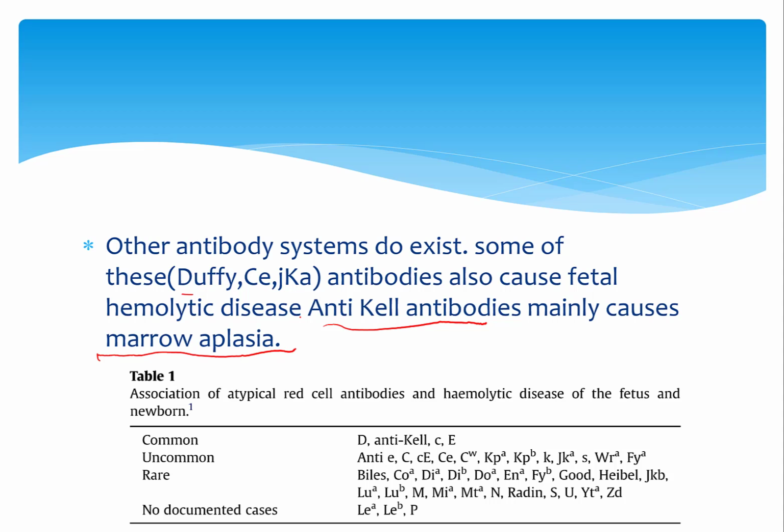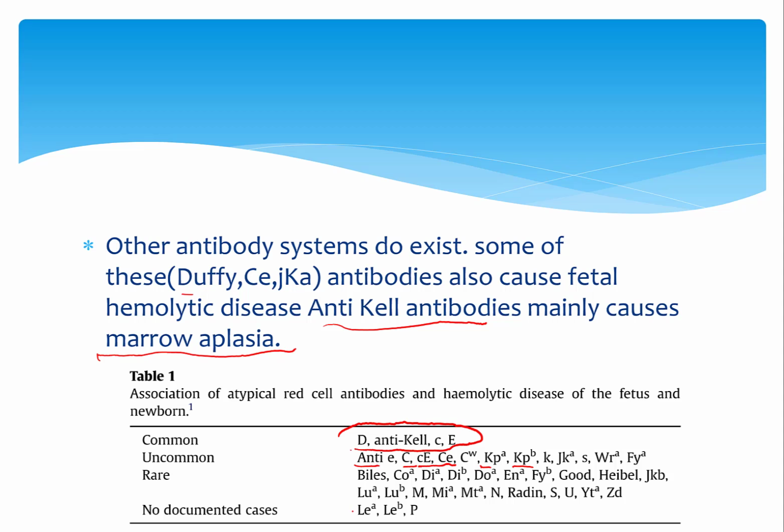So these are the common red cell antigens and antibodies which can cause hemolysis. Uncommonly anti-E, anti-C, CE, KB, or the antibodies against LEA or LEB or P system are not documented.